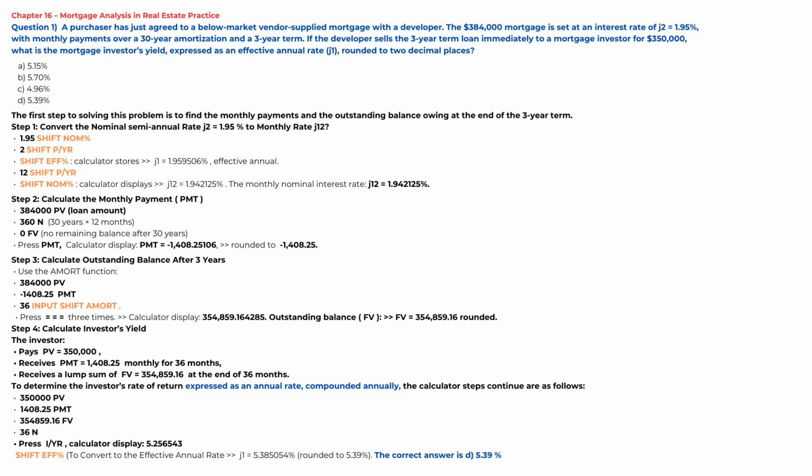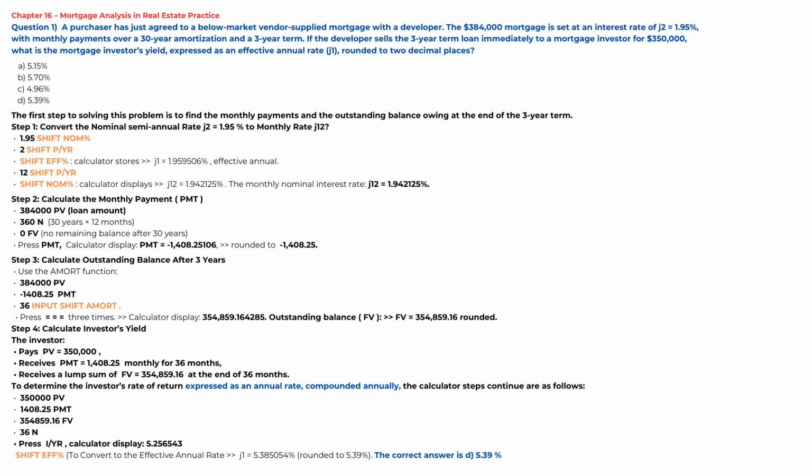Step 1. Convert the nominal semi-annual rate, J2 equals 1.95%, to monthly rate, J12. 1.95, Shift, NOM. 2, Shift, P/YR. Shift, EFF. Calculator stores J1 equals 1.959506%, effective annual. 12, Shift, P/YR.